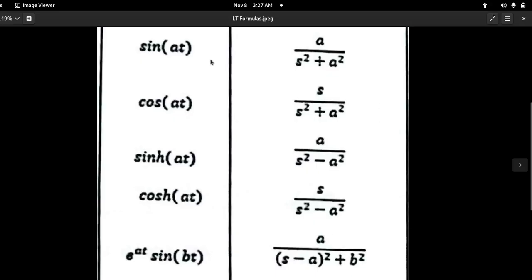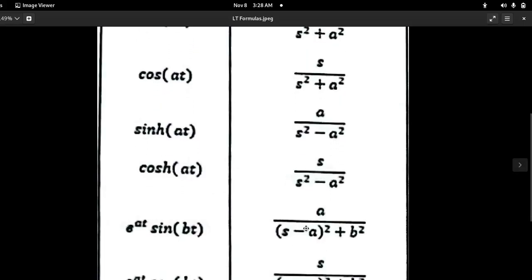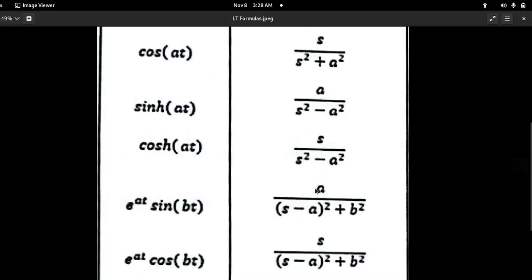In this case, it should have been b at the top here, not a. It would be b over, instead of s squared, you replace s with s minus a, squared. And when you look at cosine, cosine at is s over s squared plus a squared.